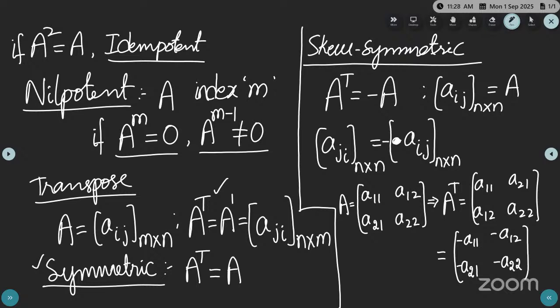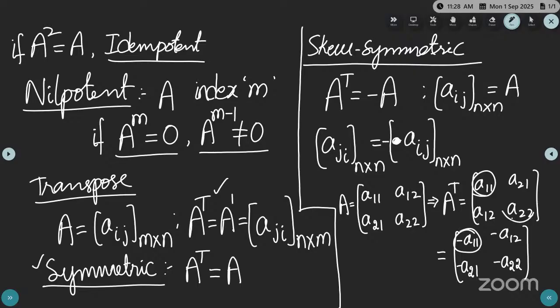When will these two be equal? When will A11 and minus A11 be equal? If that is 0. Am I right or not? A11 and minus A11 are equal if A11 is 0.